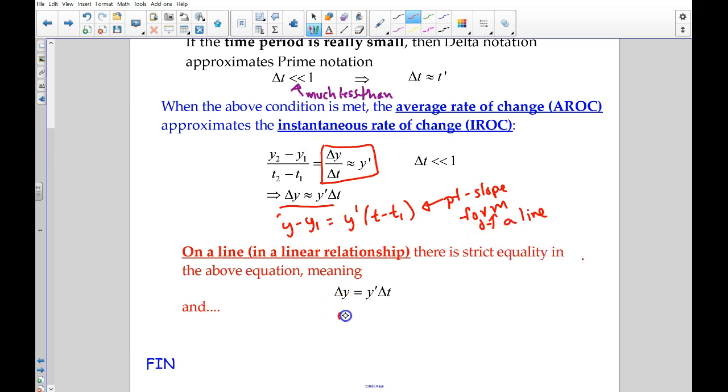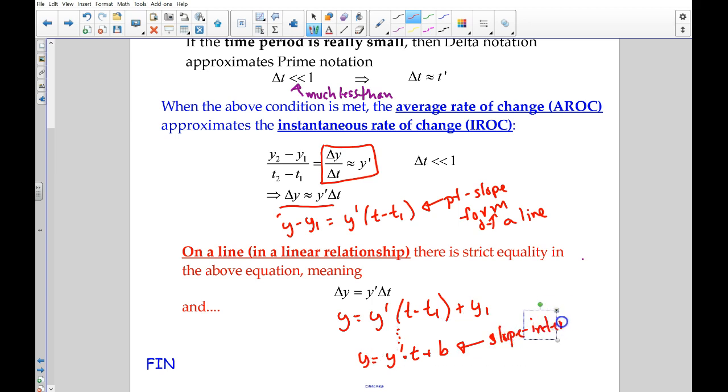You can rearrange this and get y is equal to y prime times t minus t1 plus y1, and then go through some algebra, and you could rewrite this. You'd have to rename some stuff, but you would get y prime times t plus b, which is your slope intercept form. And then you get a linear model out of it.